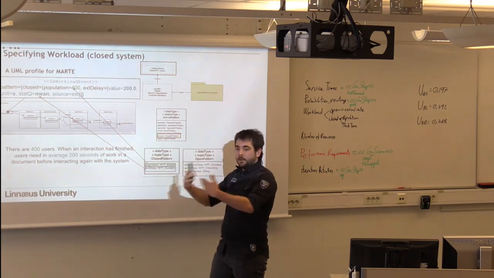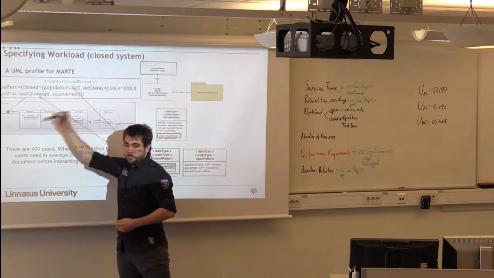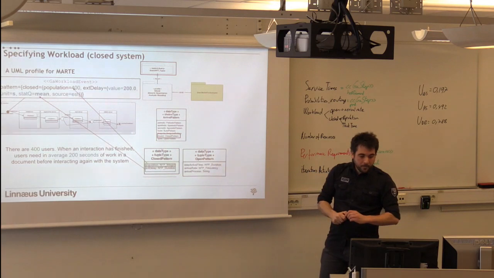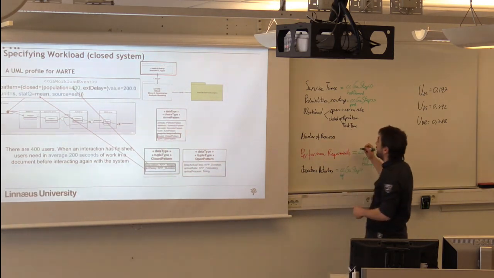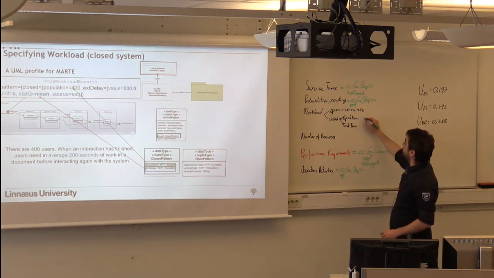If it were at least 200 seconds, then it would be, instead of mean, the minimum. So with this stereotype, we can represent in UML the performance information about the closed workload.